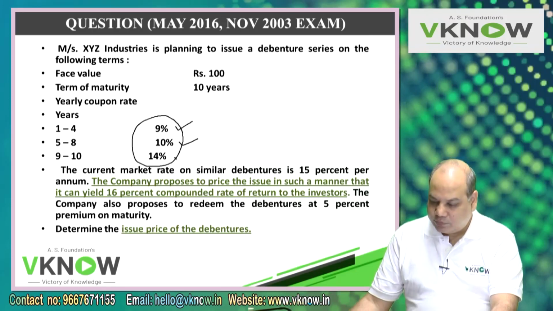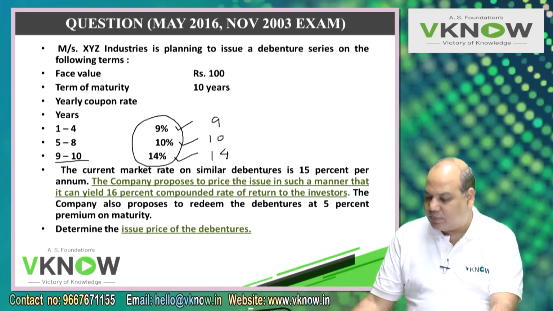And coupon rate will be 14% between year 9 and 10. So accordingly, while solving the problem, you will take coupon as 9 rupees, 10 rupees, 14 rupees in these years. And then the current market rate on similar debenture is 15% per annum.